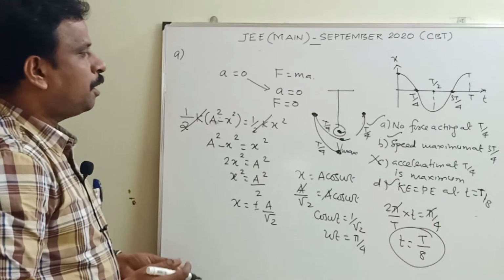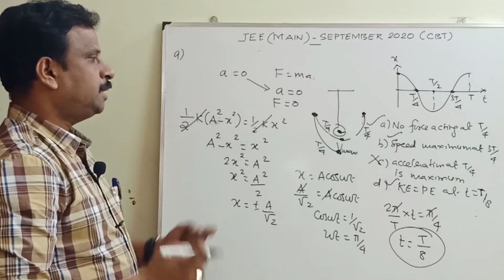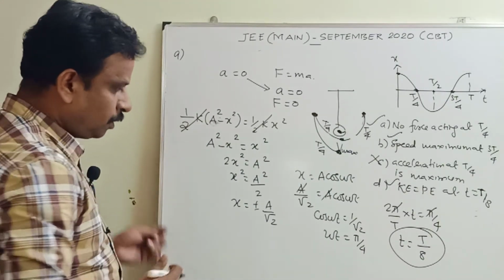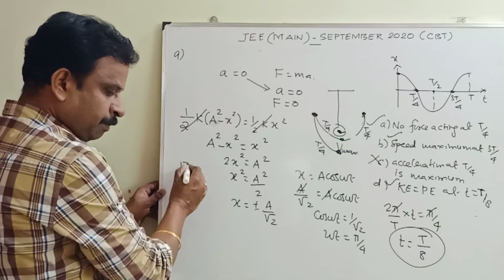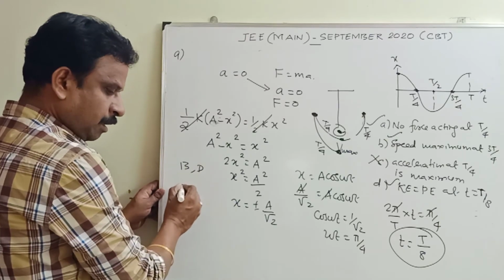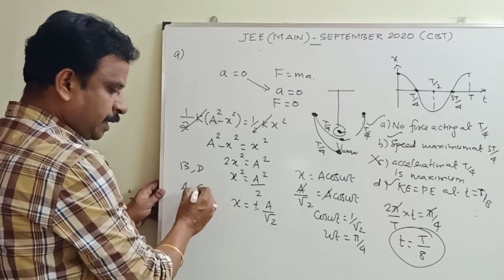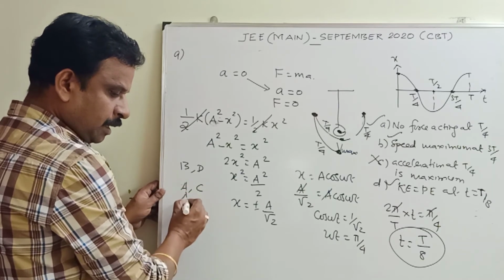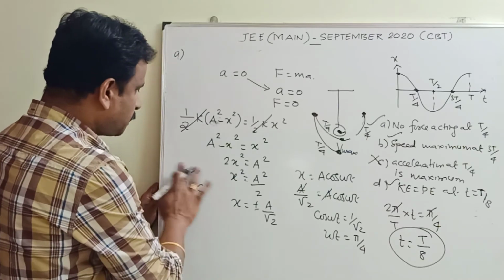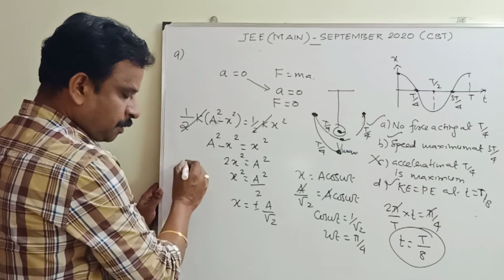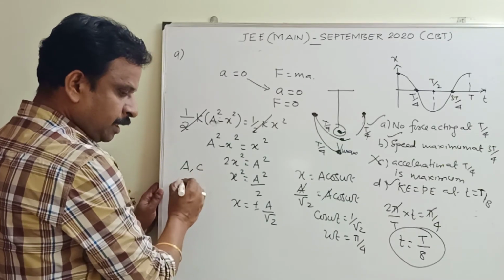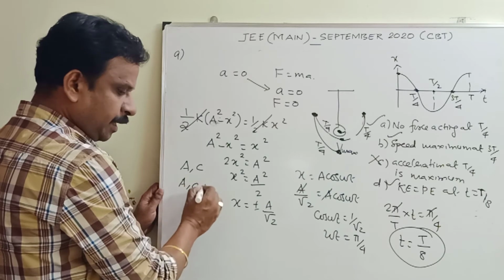So three statements are correct, A, B, D. Your options I will tell you. The first option is A and C correct. Second option A, C and D correct.